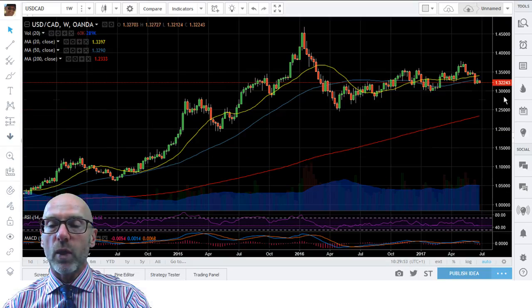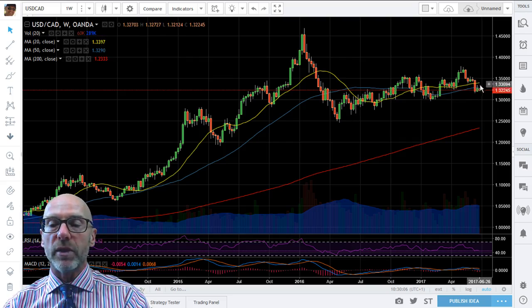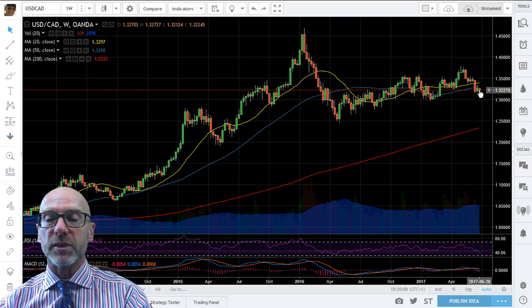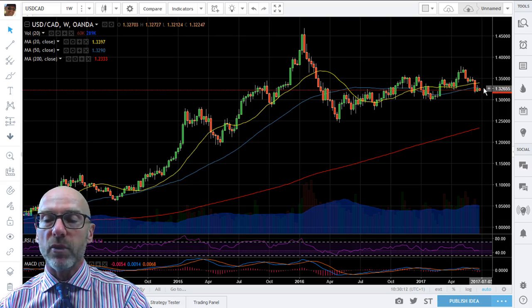On the weekly picture, here you can see that we're perhaps towards the lower boundary of an uptrend. But we are below the moving averages, and specifically we've now fallen below the 50-week moving average. These moving averages, especially the 20-week, will start to roll over very shortly, and I would expect to push down.